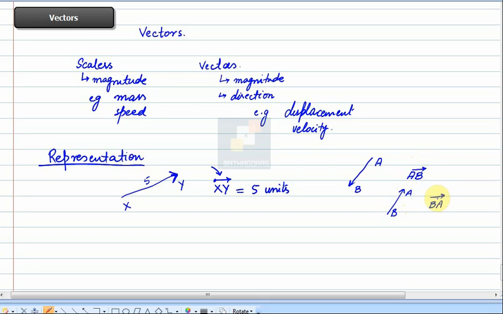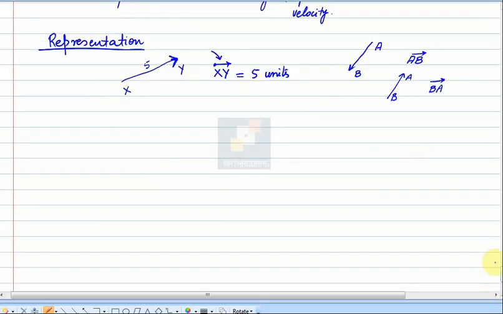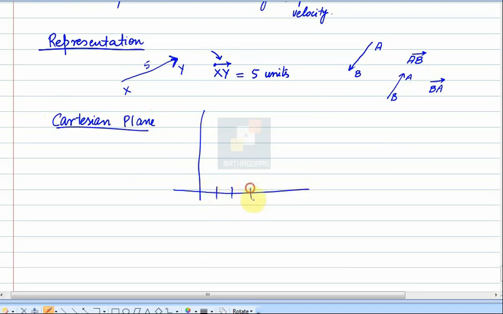Right? Now let's suppose, how do you represent vectors on a graph, or we can say vectors on the Cartesian plane? Cartesian is the same as your XY axis. How do you represent the vectors on the Cartesian plane? 1 2 3 4 5, 1 2 3 4 5. Let's suppose I make a vector, this one, right, starting at 1,1 and ending at 5,5. So how do you represent the vector?